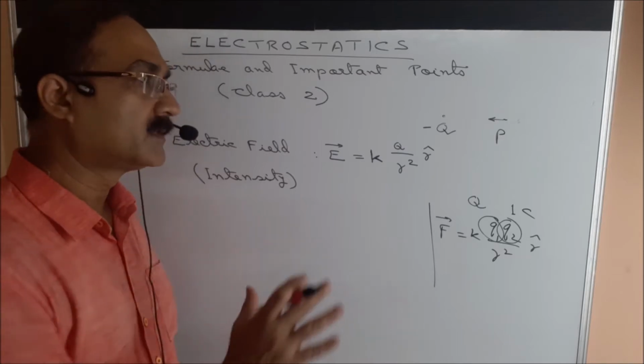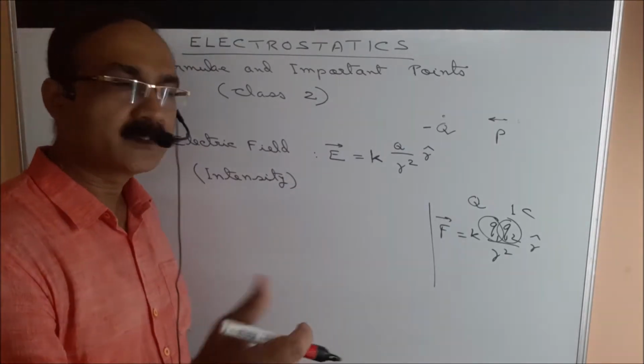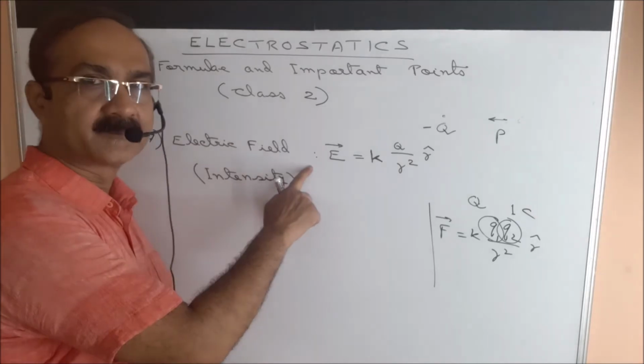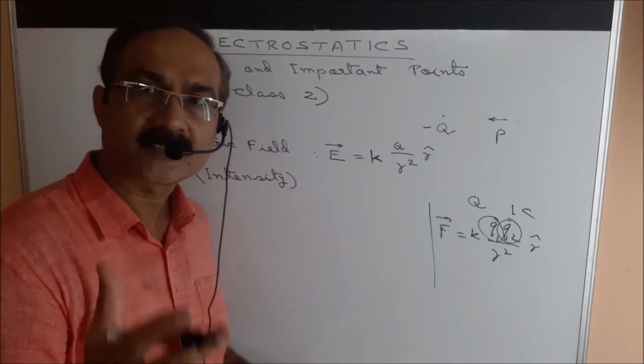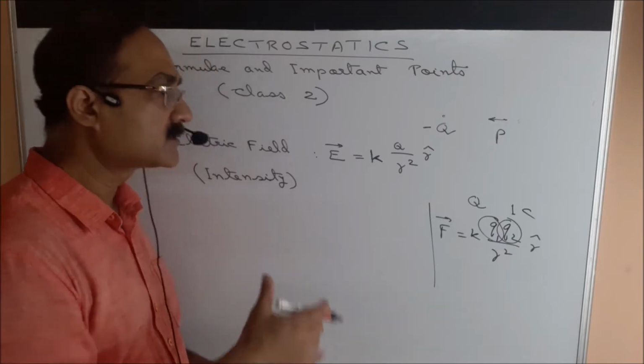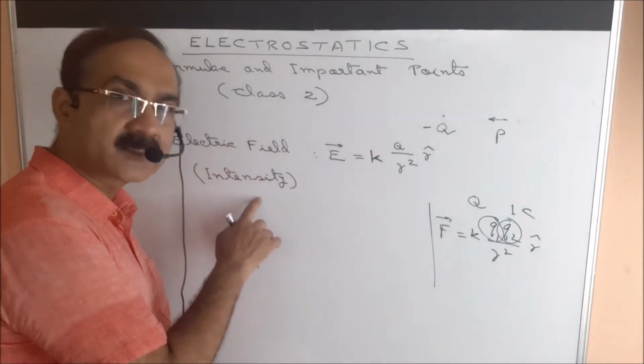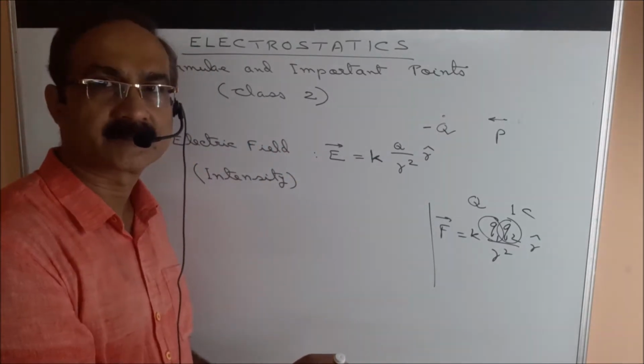Remember that in the question sometimes they say find the electric field at a particular point. So you must understand that what they are asking is find the electric field intensity at that point.